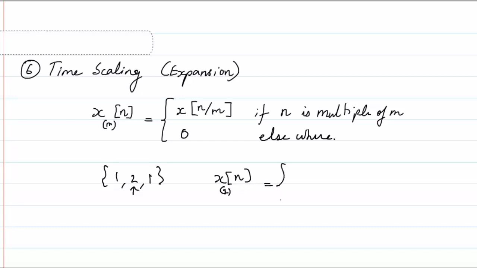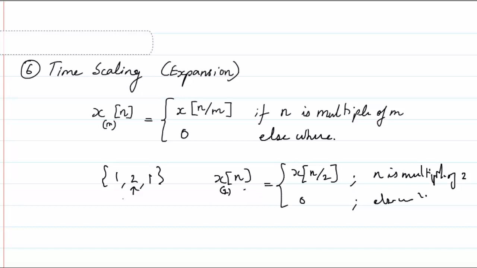It means that I will have values x of n by 2 for those values where n is a multiple of 2, and 0 elsewhere. So this is the new n that I am trying to make.